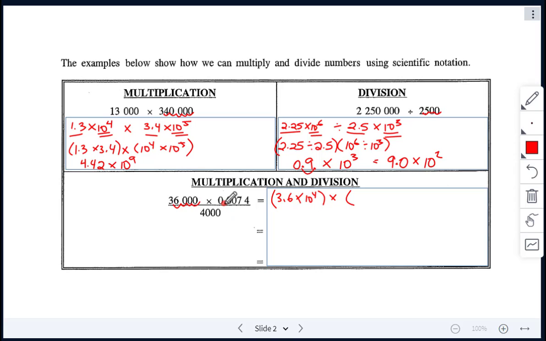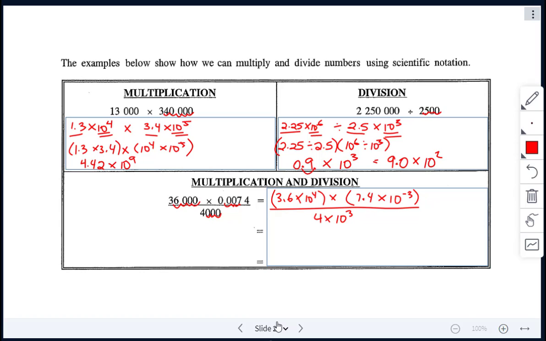So we're moving our decimal place to the right. 1, 2, 3. So that is 7.4 times 10 to the power of negative 3, just like that, and then it's being divided by 4,000, so we'll change that to 1, 2, 3, so 4 times 10 to the power of 3. All right, so that's what it looks like putting it all into scientific notation.